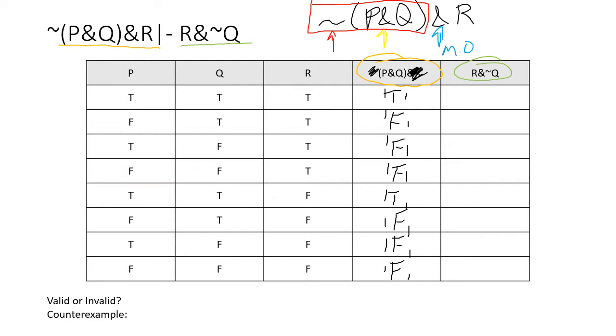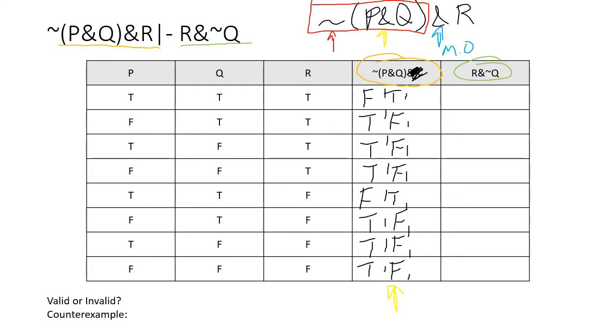Now, with that, we can bring the tilde in, because that's the next operator that we have to deal with, because it's operating over that ampersand between the P and Q. So for a tilde, all we're going to do is reverse these values that we just had for the ampersand between P and Q. And so this T will turn into an F, the Fs will turn into Ts, like that.